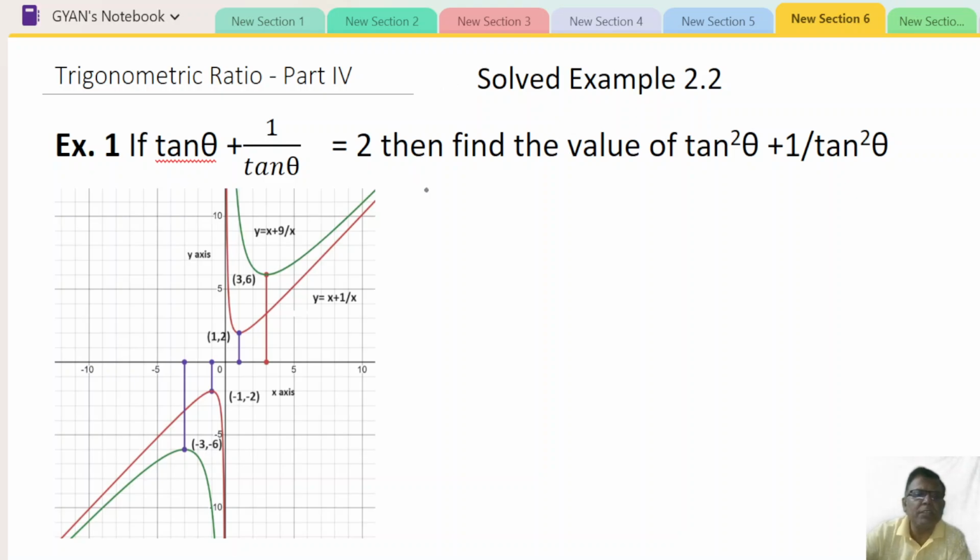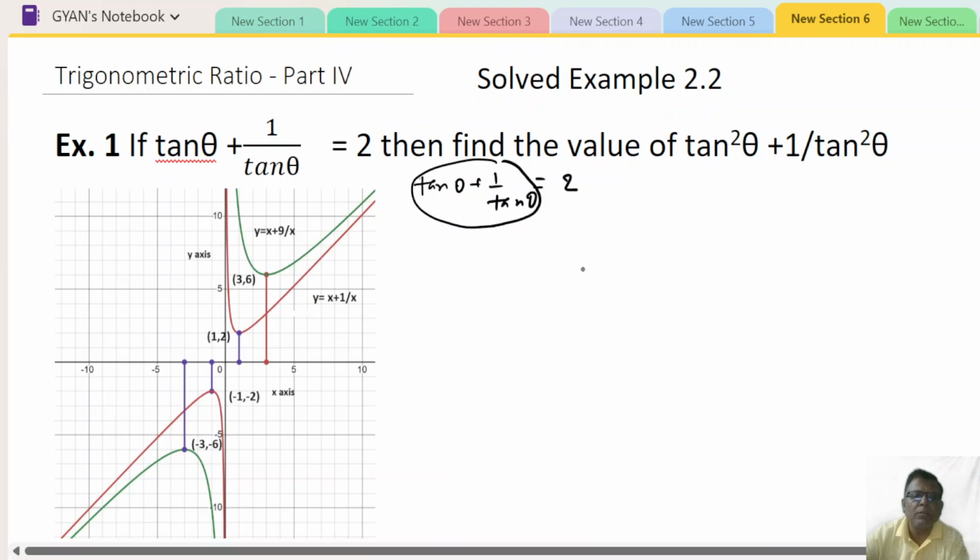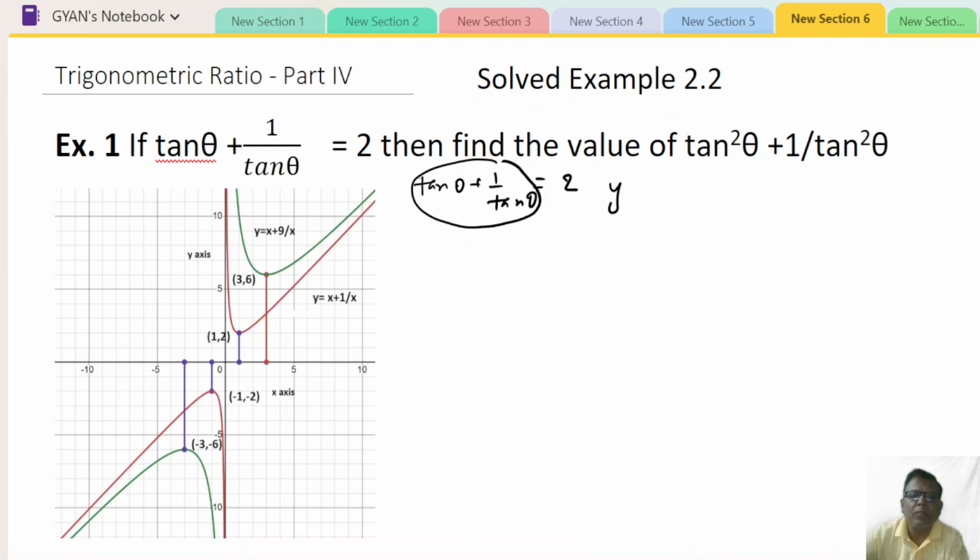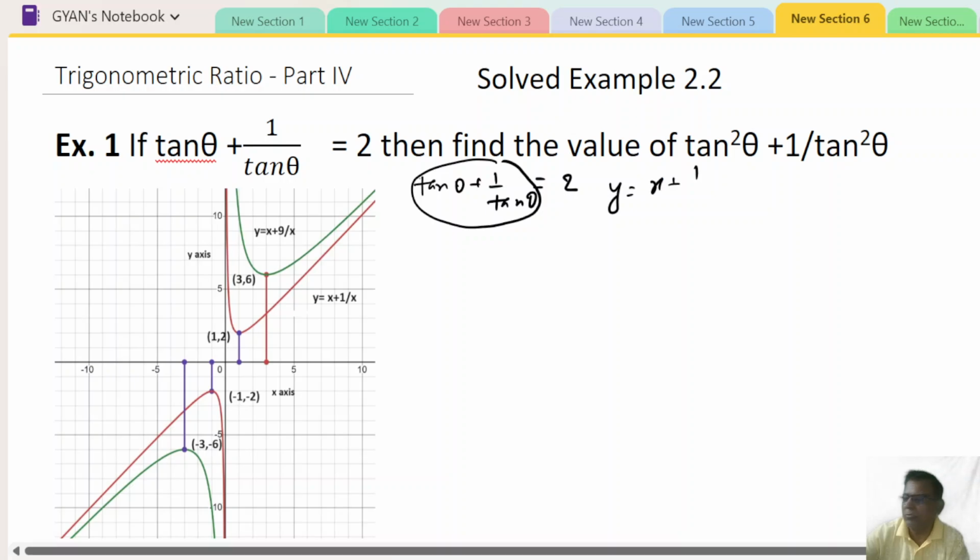So the first question is: it is given tan theta plus 1 by tan theta is equal to 2. This type of function is very interesting. Suppose you have y is equal to x plus 1 by x.